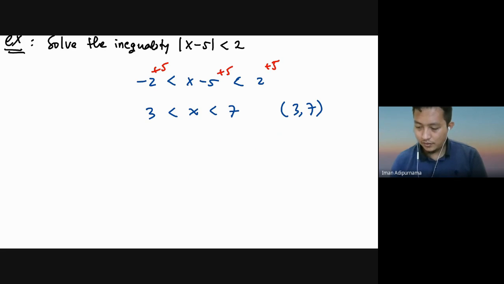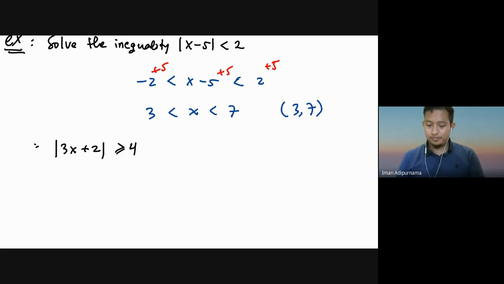The second example, if we want to write, let's say, the first one is this, and the second one is constant negative.